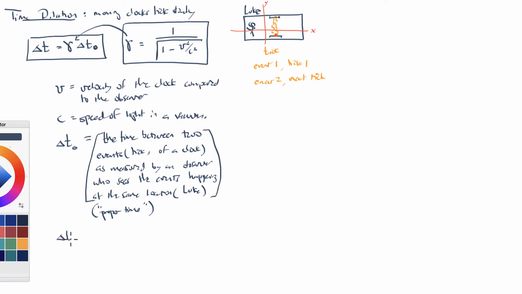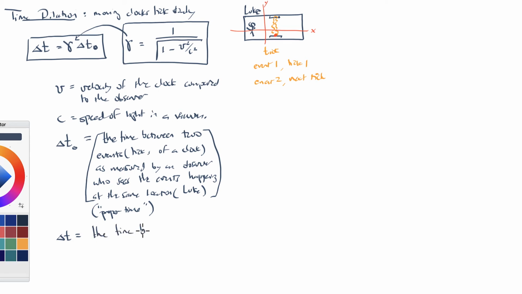Then what is delta t? In this formula for time dilation, delta t would be the time interval between those same two events as measured by an observer who sees those events not happening at the same location. Or rather, maybe we could put it this way: the time between the same two events as measured by an observer who is in motion relative to this first observer. I'll write it the first way I said it.